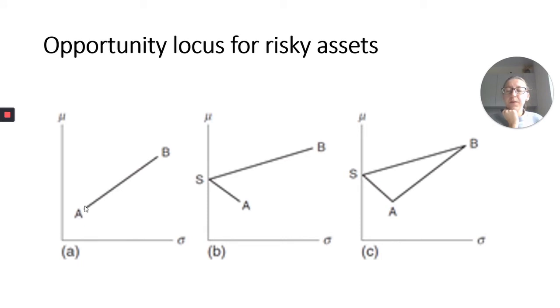In picture A, the line AB represents the possible combinations in the portfolio of the two risky assets A and B, with A being of a bit smaller risk and smaller returns, and B of bigger risk and bigger returns.